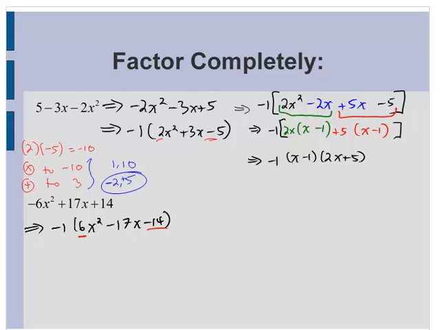Alright, focusing on the 6 and the negative 14. Let's see, 6 by negative 14 is negative 84. So we need a pair of numbers that multiplies to negative 84 and also adds to negative 17.